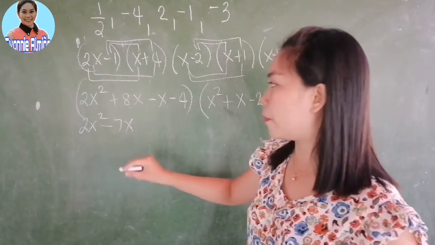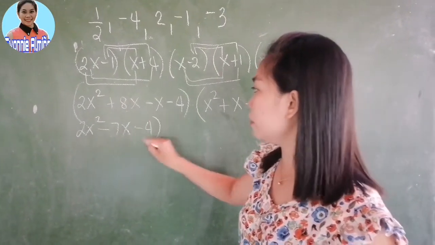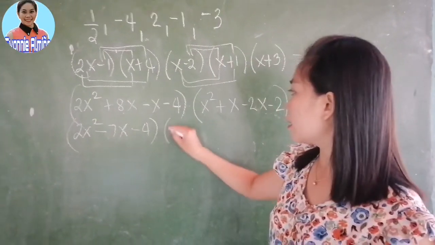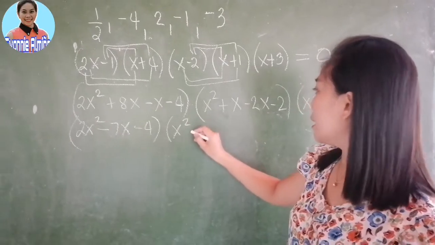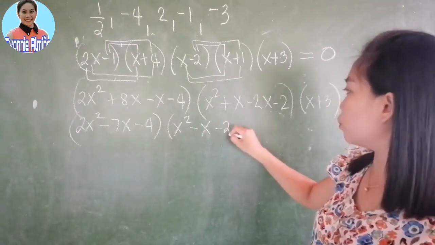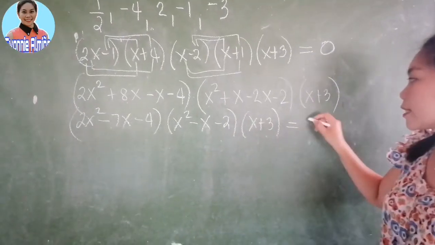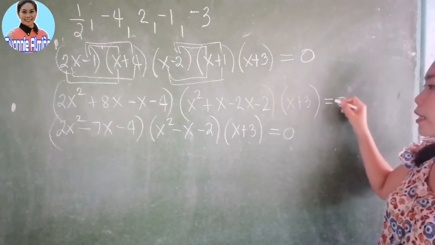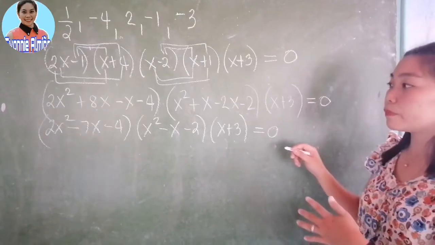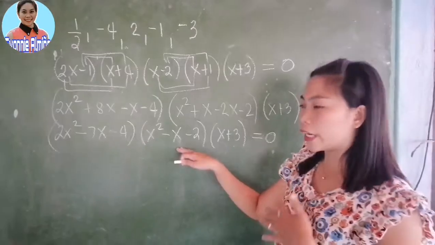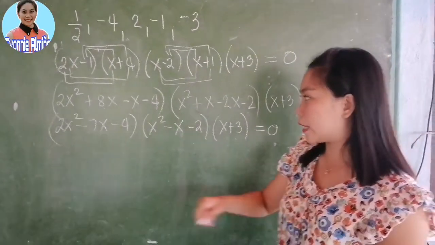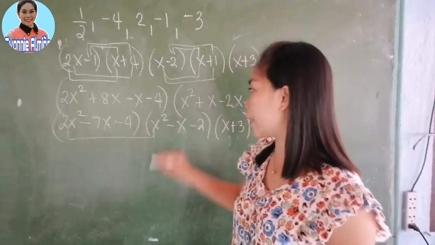So, copy the variable x minus 4. Then, you have x squared minus x minus 2. Then, bring down x plus 3 equals 0. Then, trinomial to trinomial. So, that is what we will do. Trinomial to trinomial.